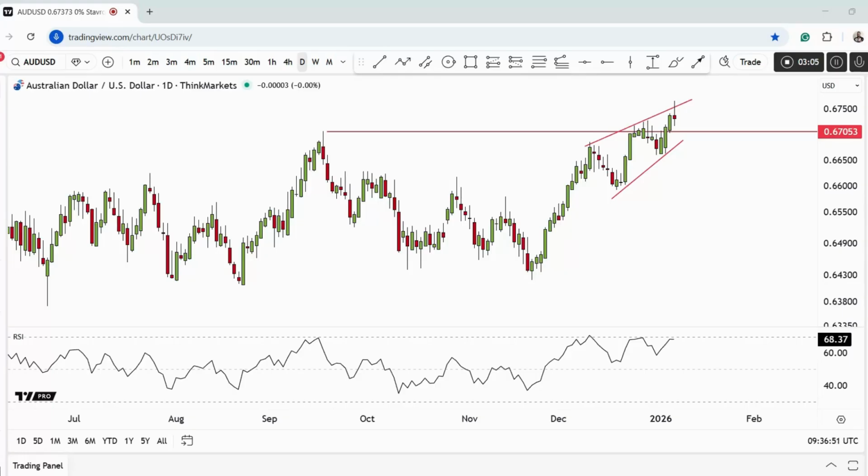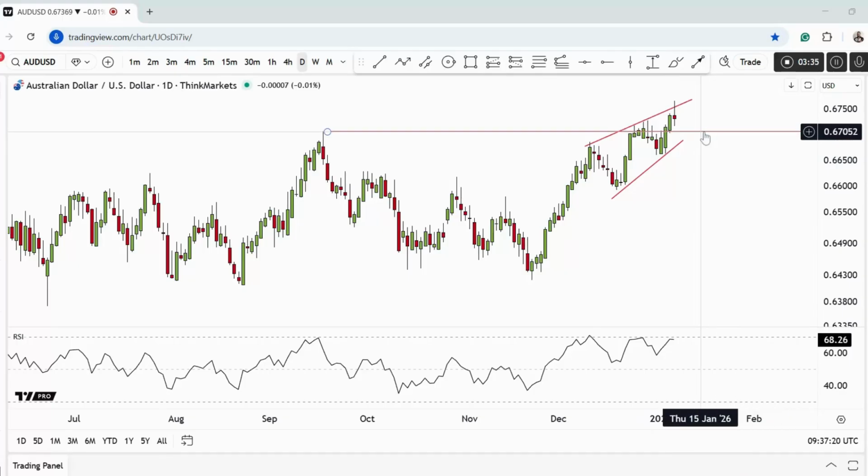So for me, increasing geopolitical risks, combined with a wedge pattern, retracement, a rejection, double RSI, and the much slower cooling inflation than the RBA expected, could eventually drive the Aussie below 67.